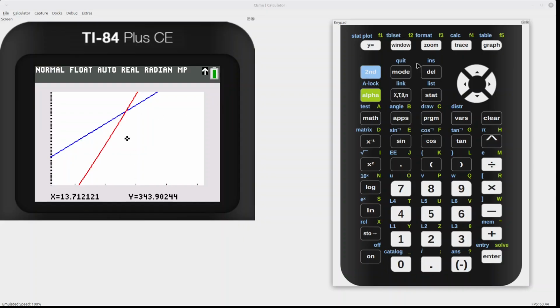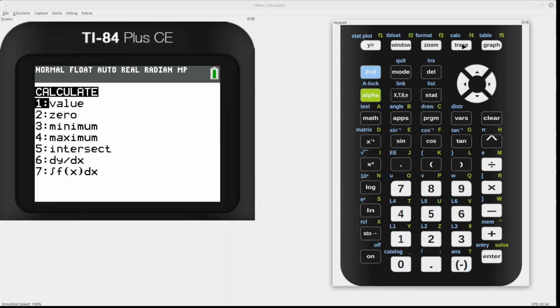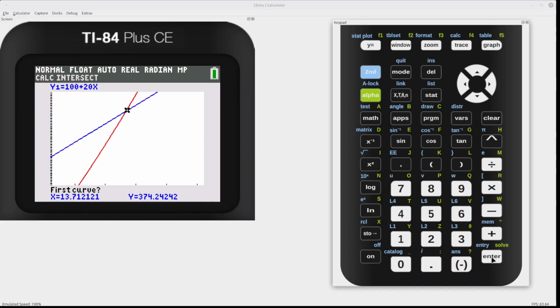So let's go second trace, which is calculate. Let's do the intersection. So that'd be number 5. Okay, so I want to mark both lines. So I'm going to mark this one. Then I go up and mark the other one. Okay, and press enter.